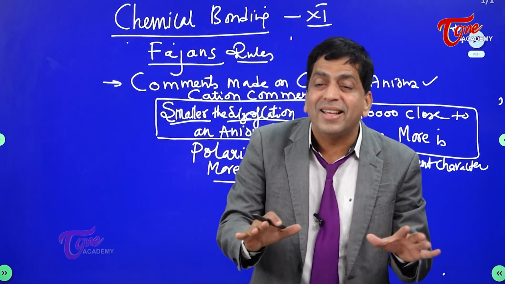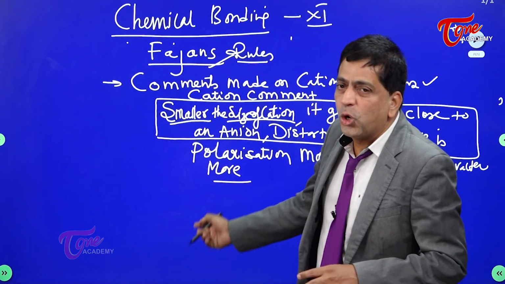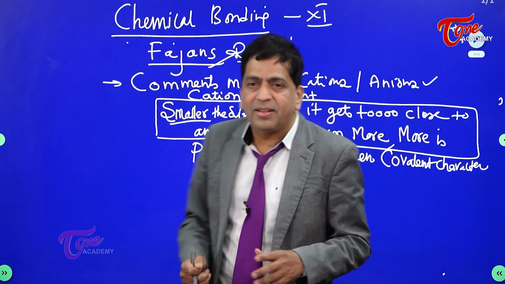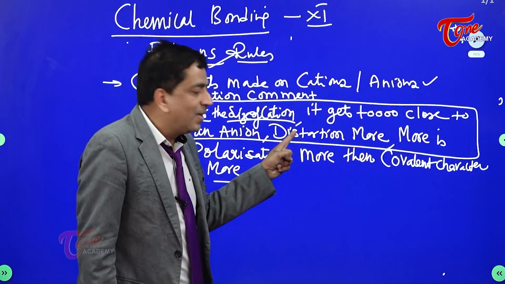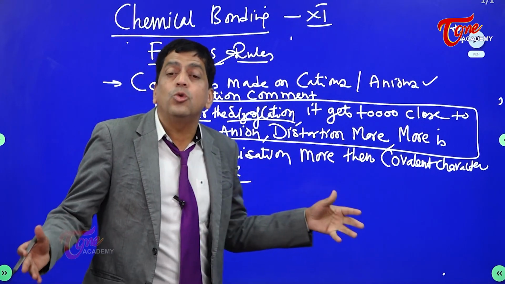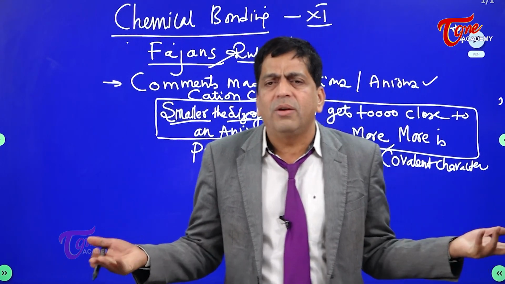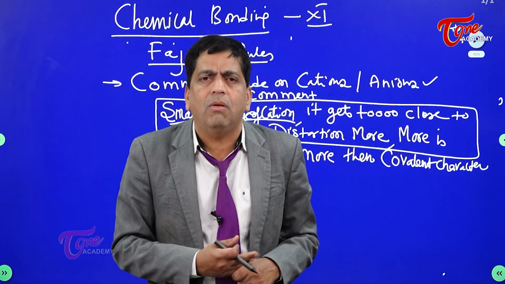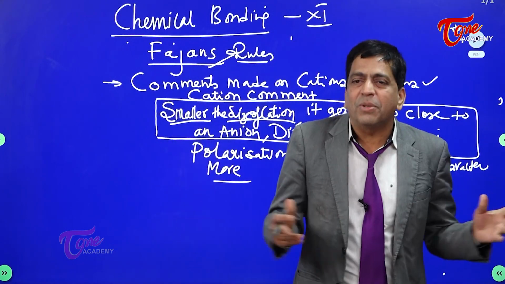This is the comment made by Fajan. Let's read it again. Smaller the size of cation, it gets too close to the anion. When you get too close, distortion is more. What are you doing, getting close to an anion? What is the purpose? The purpose is to share the negative charge.